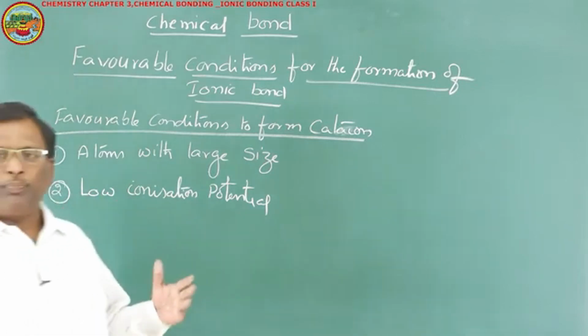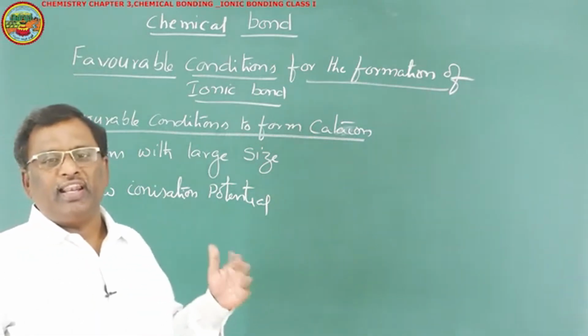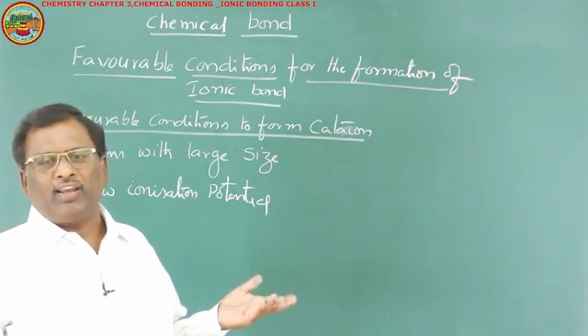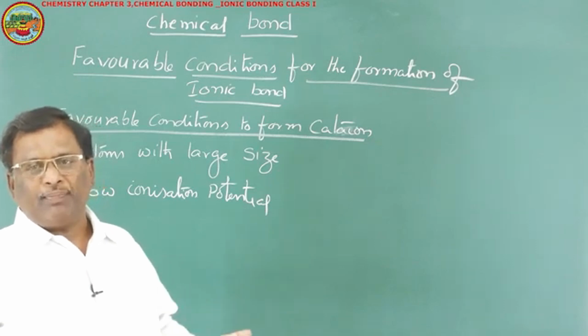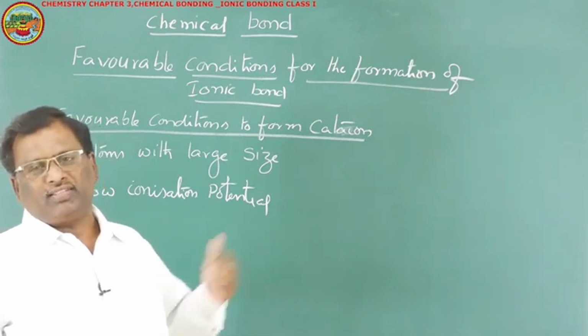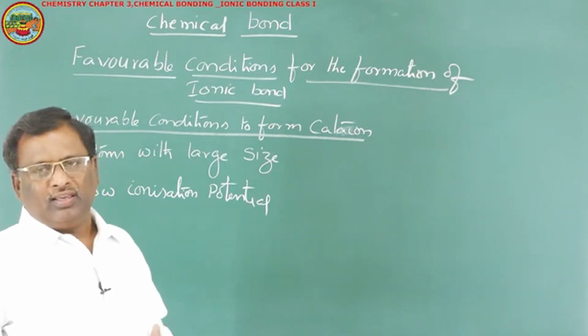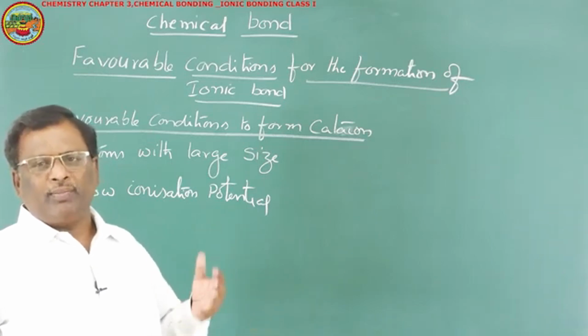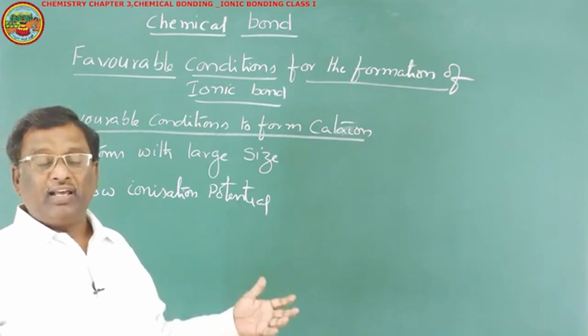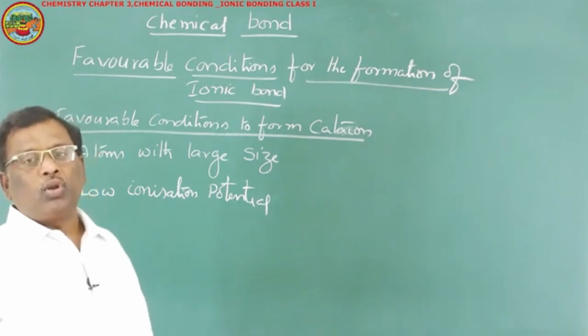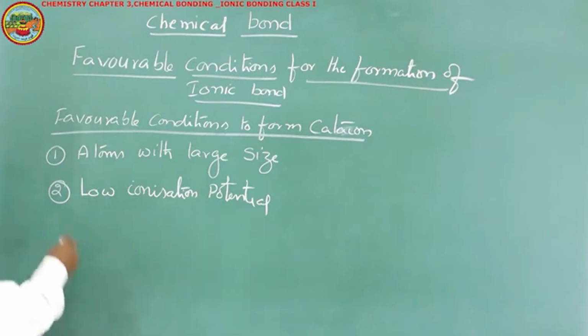That means a unipositive ion can easily be formed than a dipositive. Dipositive ion can easily be formed than a tripositive. For example, if you take Na+, Mg2+, Al3+, the less positive sodium ion can easily be formed than magnesium, than aluminium.